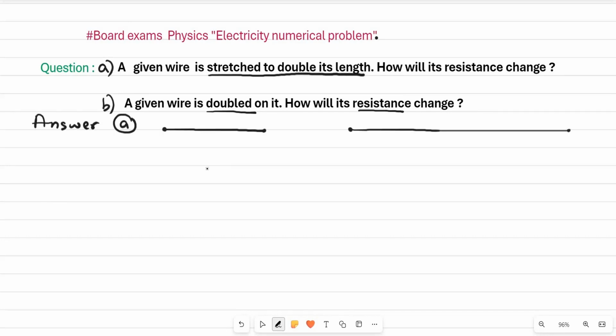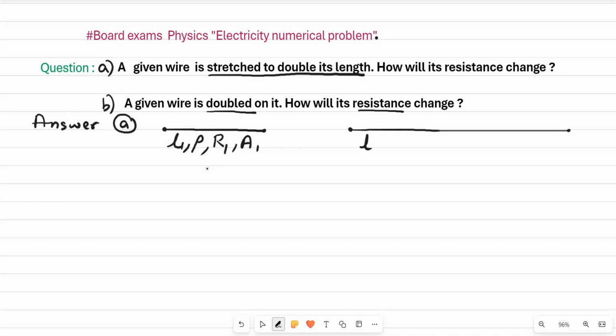According to the question, there was a wire of length L. It is the same wire, so the material of the wire will not change, so resistivity rho is the same before and after. This wire had some resistance. It had an initial length L1 and resistance R1, and it had some area A1, and the same wire is stretched and its length is doubled.